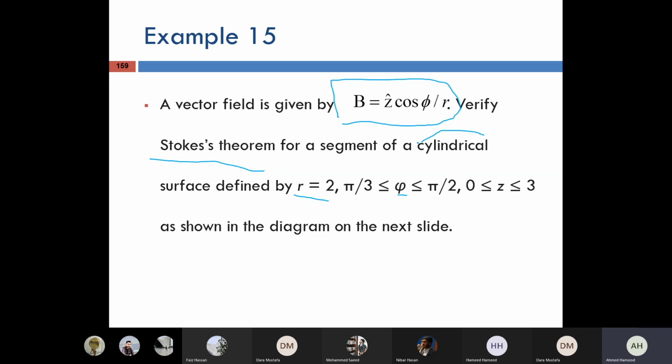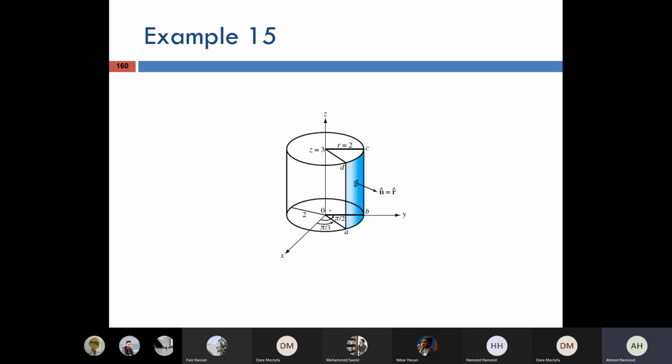We already identify this is a cylindrical surface. You can see r is 2, z here is 3, and these are the two angles, pi divided by 2 and pi divided by 3.